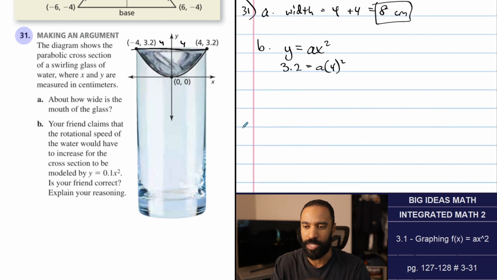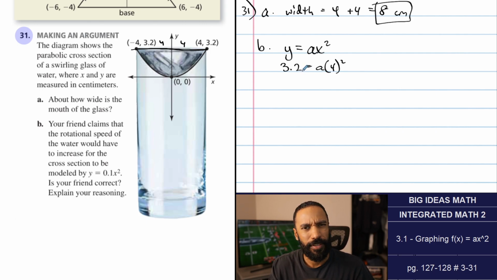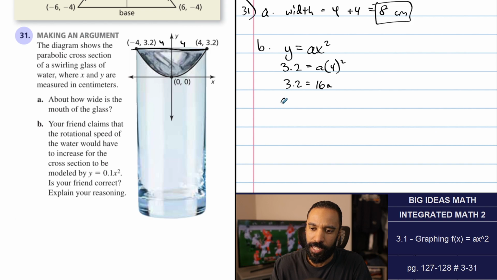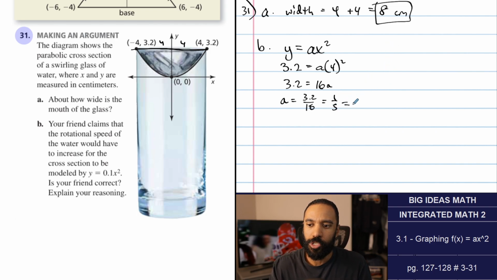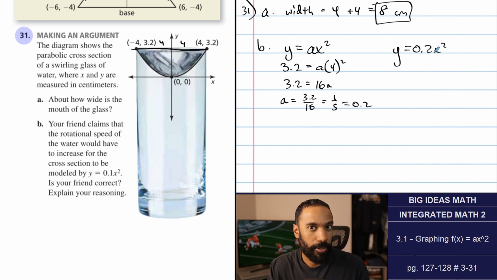This is where I would use this calculation because I don't know what I have to divide by. 1/5. 3.2 equals 16 times a, and divided by 16, a is 3.2 divided by 16, which I think is 1/5, which is 0.2. So y equals 0.2x squared is the current parabola that we're looking at.